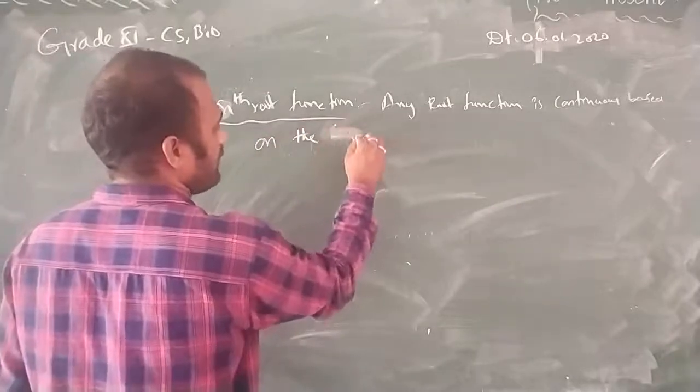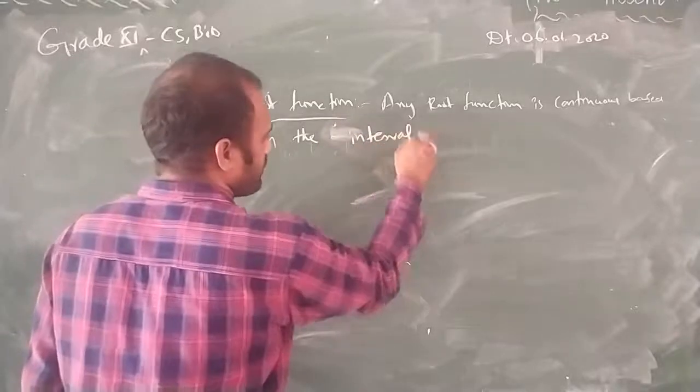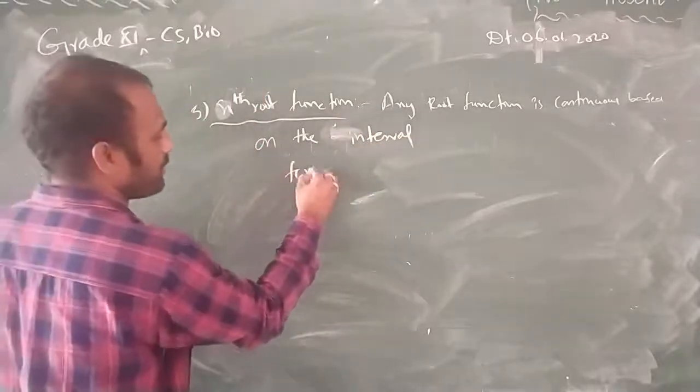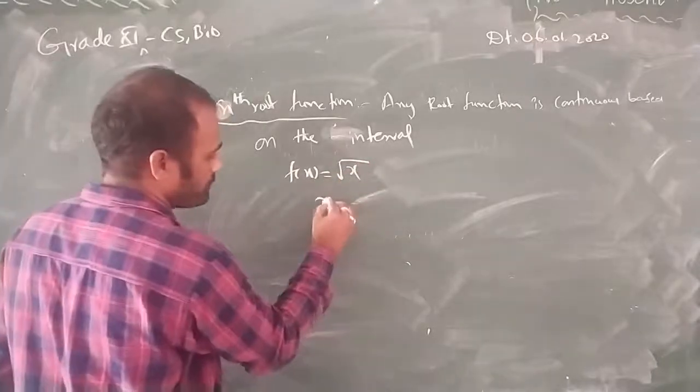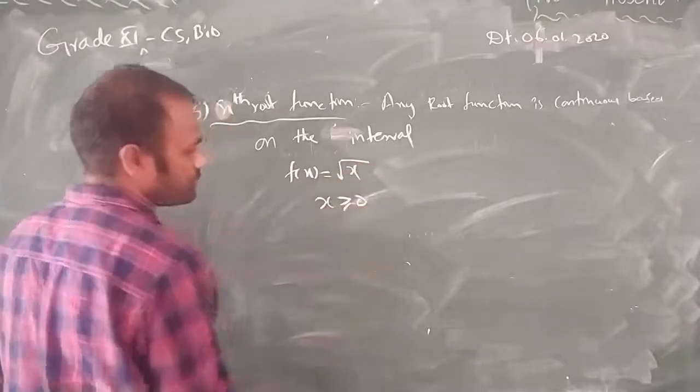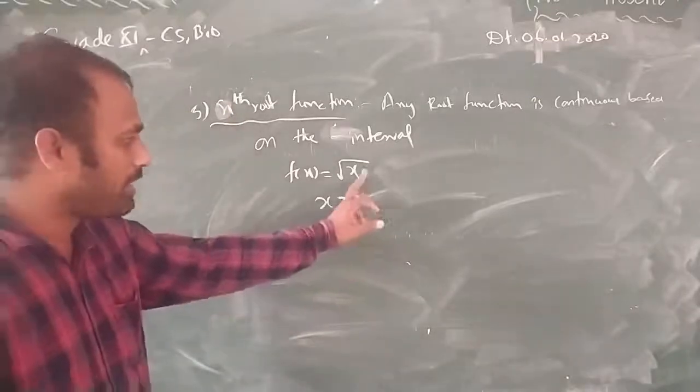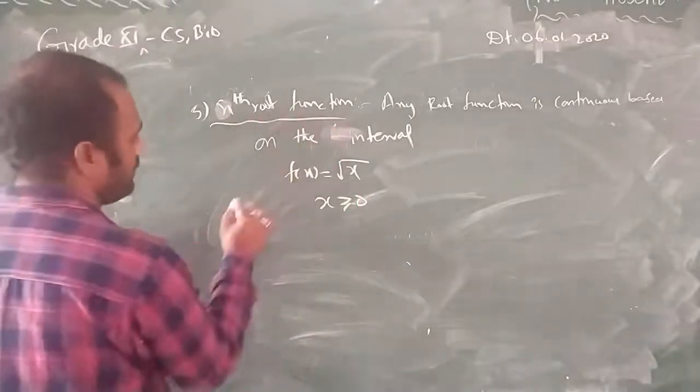For example, let us take a function f of x is equal to root x. If we substitute positive values, x greater than or equal to 0, the function will be continuous for all values greater than or equal to 0.